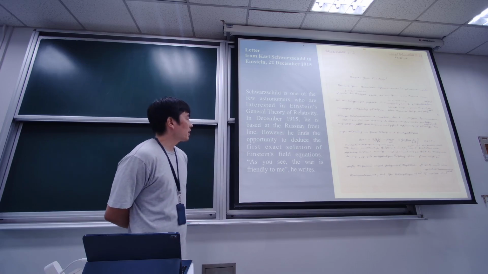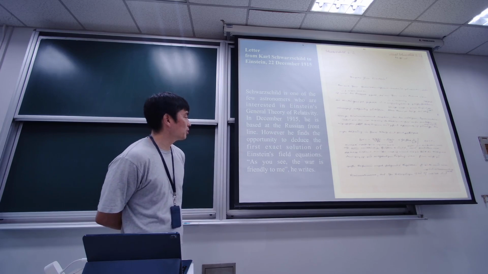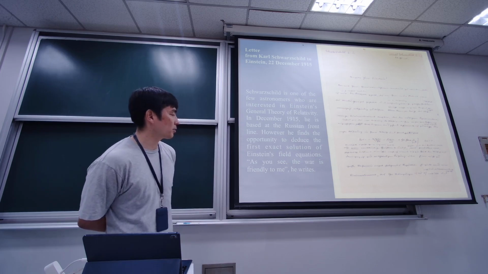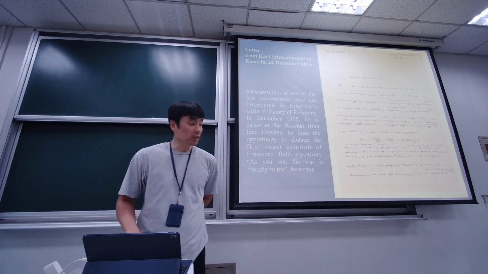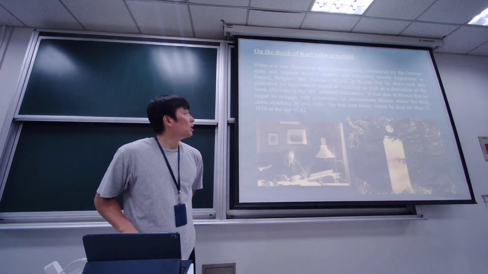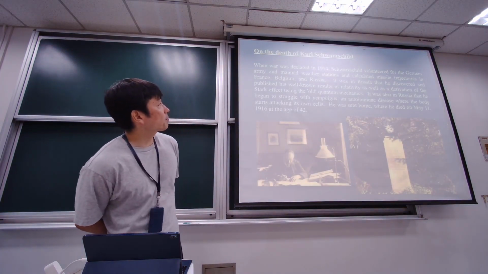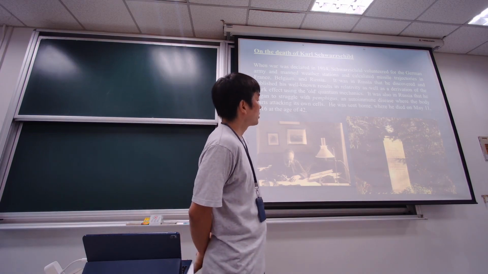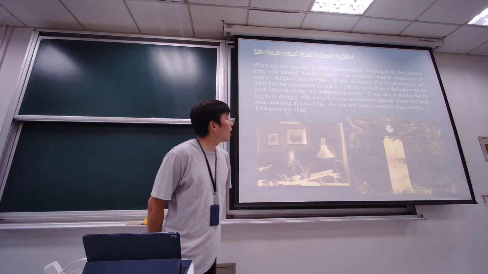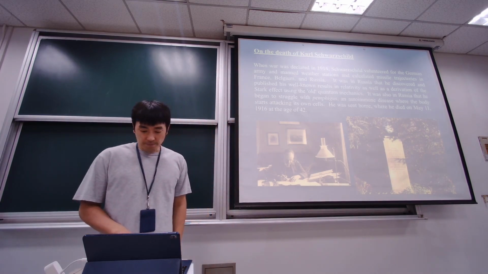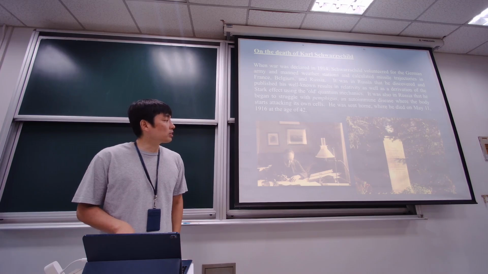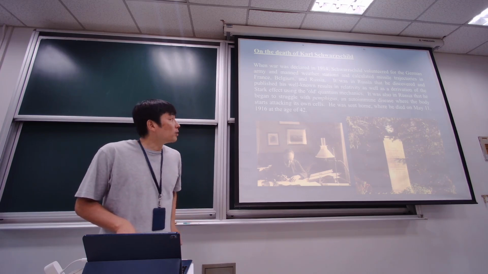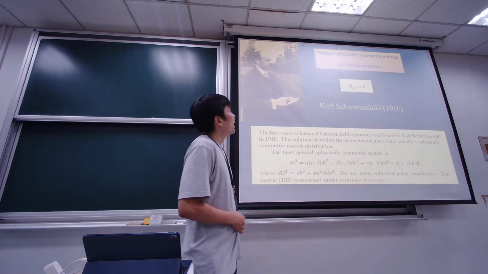And then he found the opportunity to deduce the first exact solution of the Einstein field equation. As you see, the war is friendly to me here, right? But unfortunately, he passed away during the war. So that is kind of a story of Schwarzschild. He even did computations during the war. Okay.